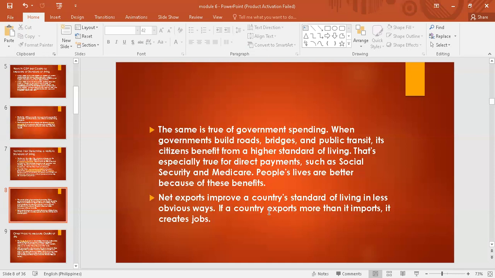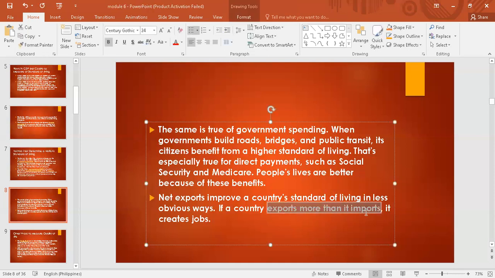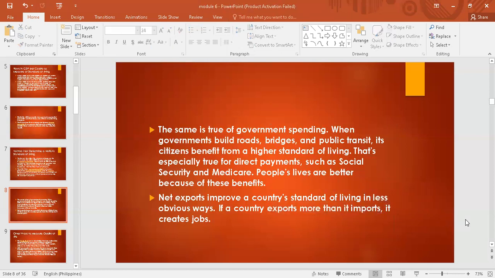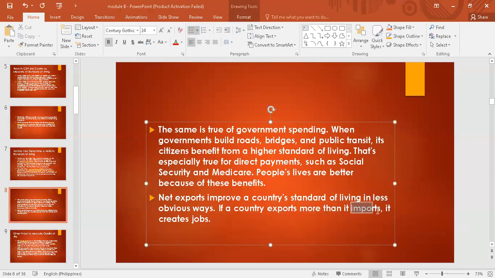The reality that is happening in the Philippines, baliktad. Mas marami tayong imports kaysa sa exports. Yun ang masaklap na katotohanan. Although sa imports kasi we are receiving revenue from the tariffs or yung tinatawag nating taxes imposed sa mga imported products. Pero it doesn't create jobs, no?